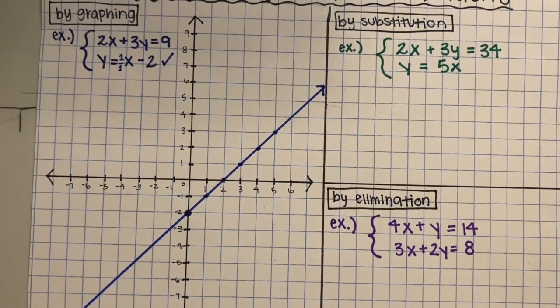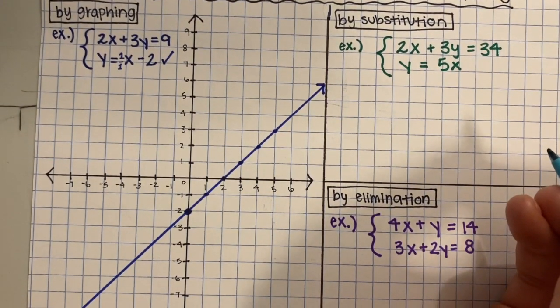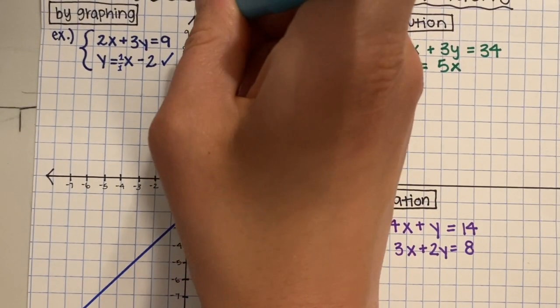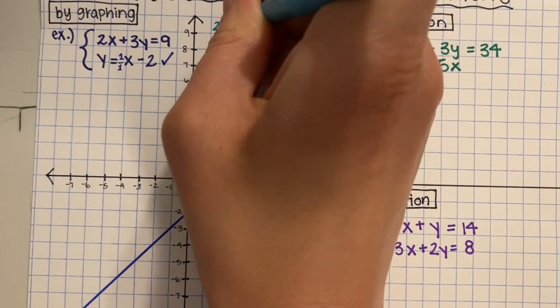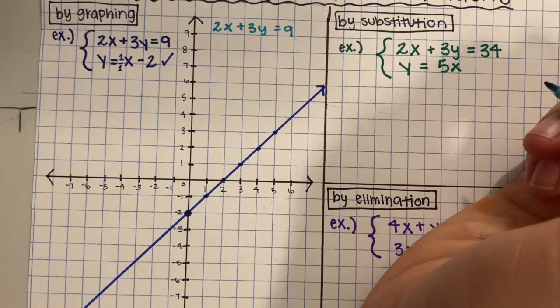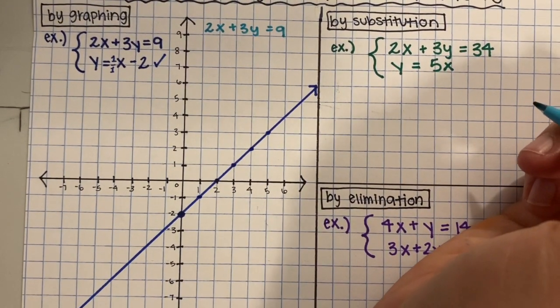In order to graph the second equation, I'm going to solve for y so that it is in slope-intercept form. So my equation is 2x plus 3y equals 9. I want y on a side by itself, so I'm going to solve for y.